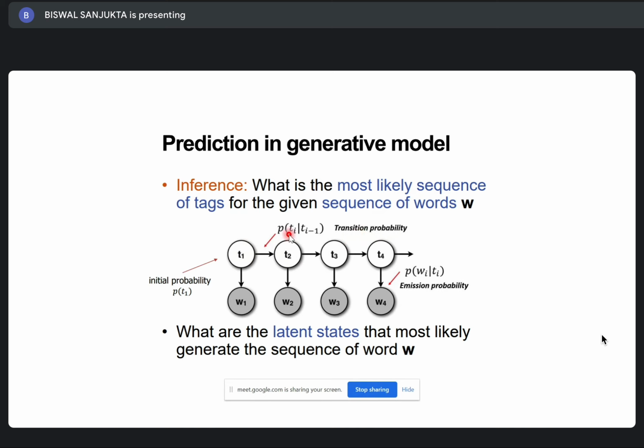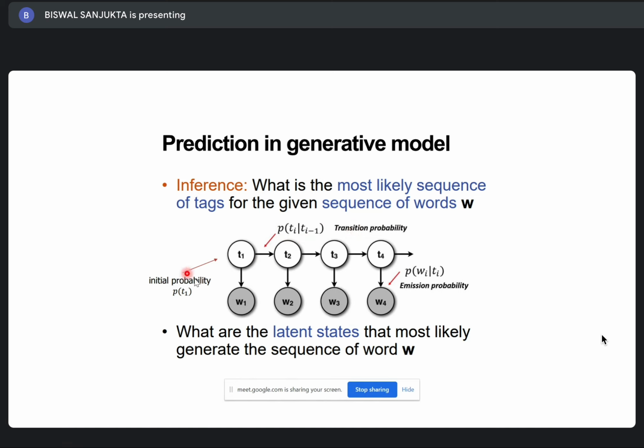Probability of Ti given its previous tag, where the current tag is Ti and the previous tag is Ti minus 1. If I am interested to know the probability of T2 given T1, then I am going to find the transition probability. This is the term they use in POS tagging, but this is something we have already seen. I think everybody knows this.